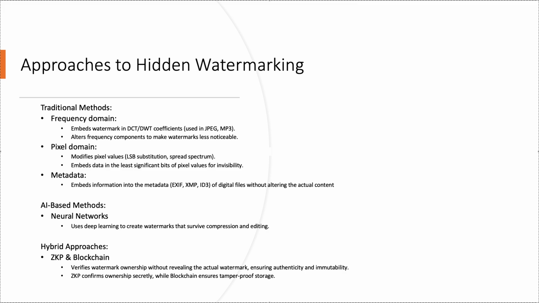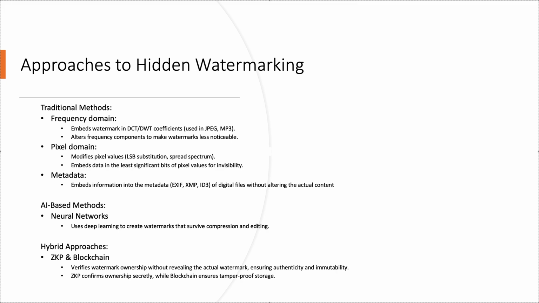Then we have pixel domain methods, which work more directly. LSB substitution, least significant bit substitution, is probably the simplest example. Imagine a pixel with a value of 152. In binary, that's 10011000. The last bit, the least significant bit, contributes almost nothing to the overall color.